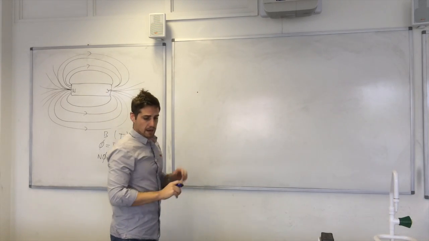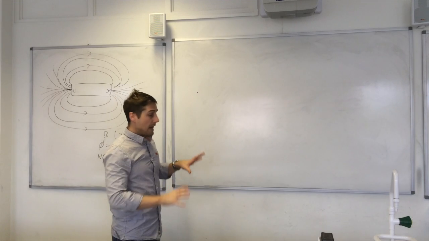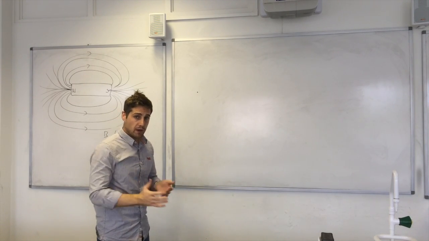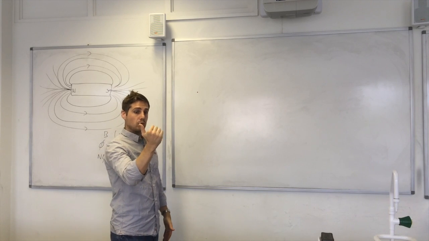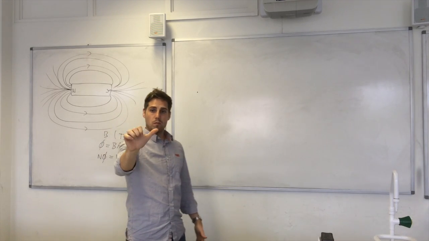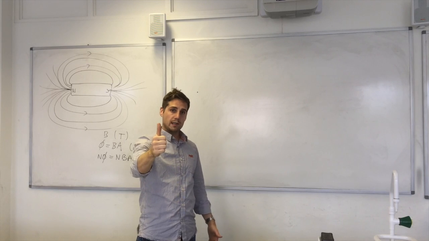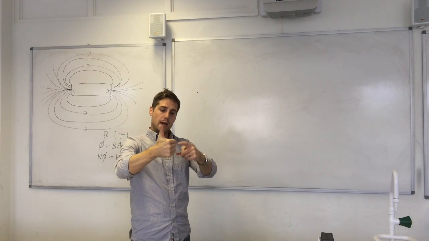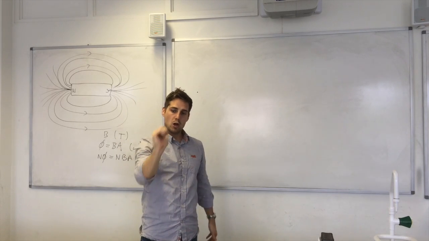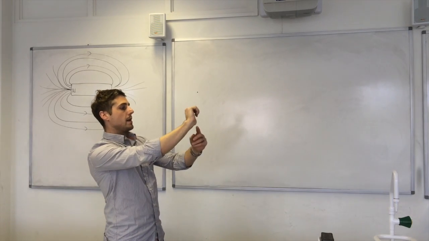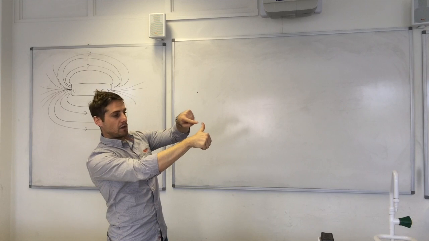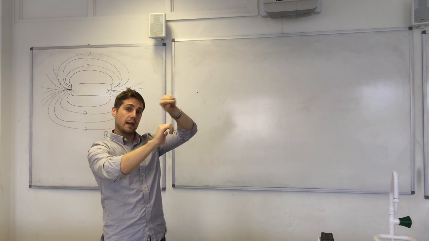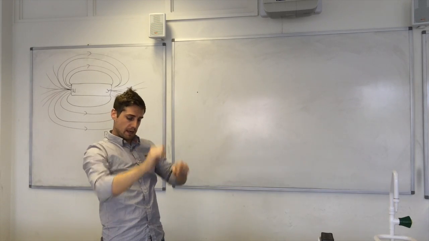Now in that case, that has a magnetic field around it, and what you need to do to find out the direction is use the right-hand grip rule. So if you make a grip with your right hand, then your thumb is pointing up and your fingers are curling around. The thumb indicates the direction of the conventional current, and your fingers indicate the direction of the magnetic field.